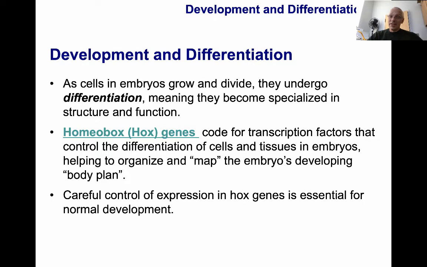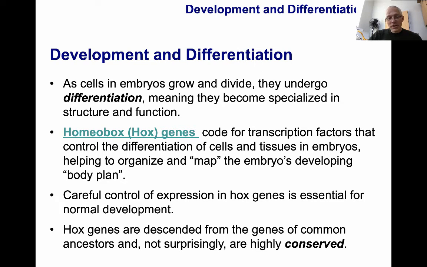But that arrangement of the HOX genes on our chromosomes still retains some of that spatial mapping that is reflected in the bodies of the organisms and how those genes control the development of those particular regions in the embryo as it grows and develops.